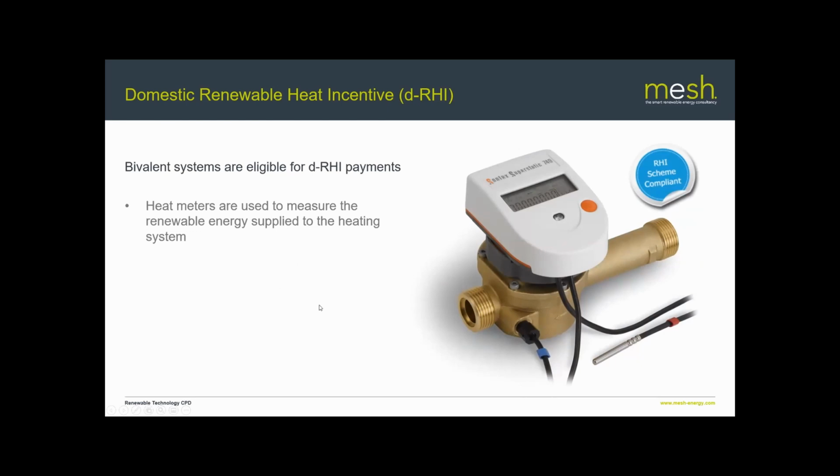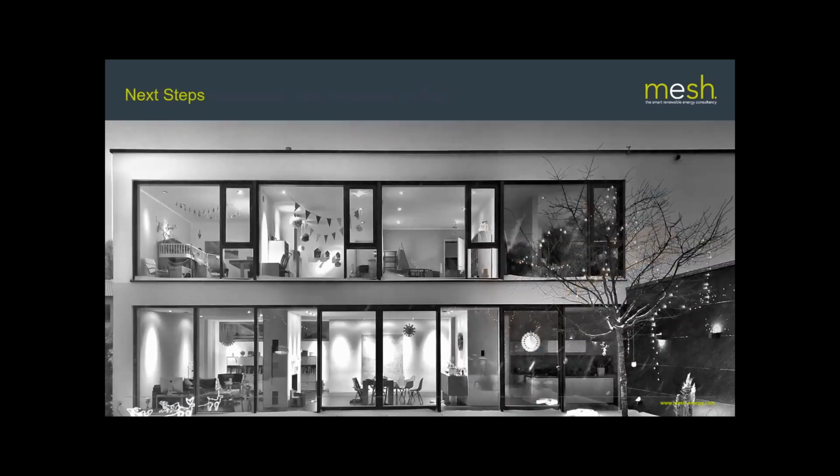You also have to install electricity meters, so you know how much electricity your heat pump's using, and effectively the amount of heat you get out of the heat pump less the electricity going in is what you're getting from the renewable sector, and then you multiply that by the pence per kilowatt hour.